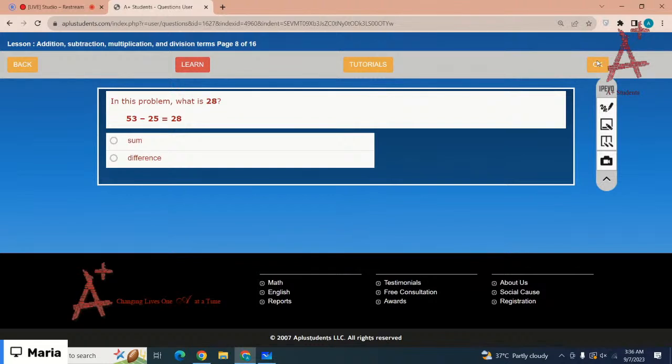Yes, the correct option is that 28 is the difference, right? That would be the difference.